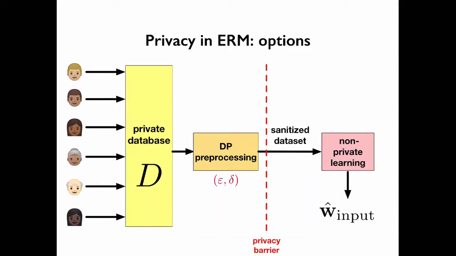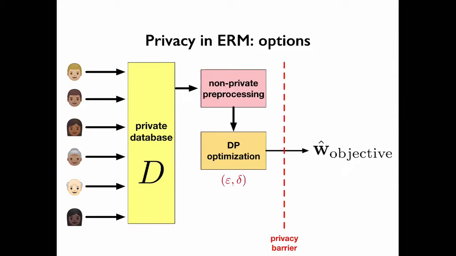I could also do some pre-processing. Instead I could have them put their data, non-privately, into this private database, and then I could do some pre-processing to export a sanitized data set, and then run my favorite non-private learning algorithm. I can think of that as also input perturbation.